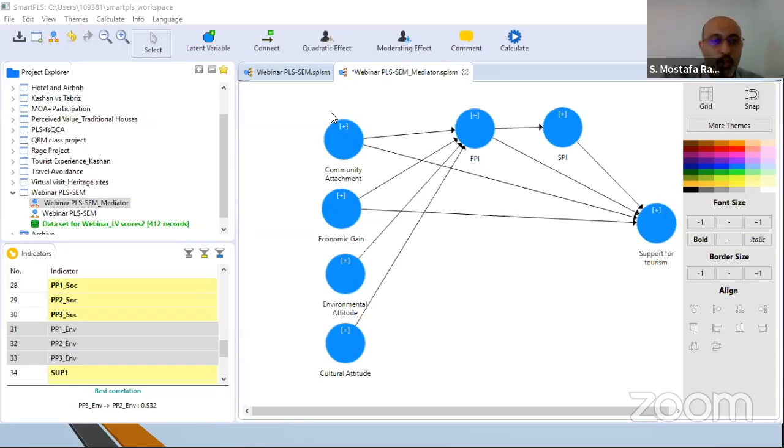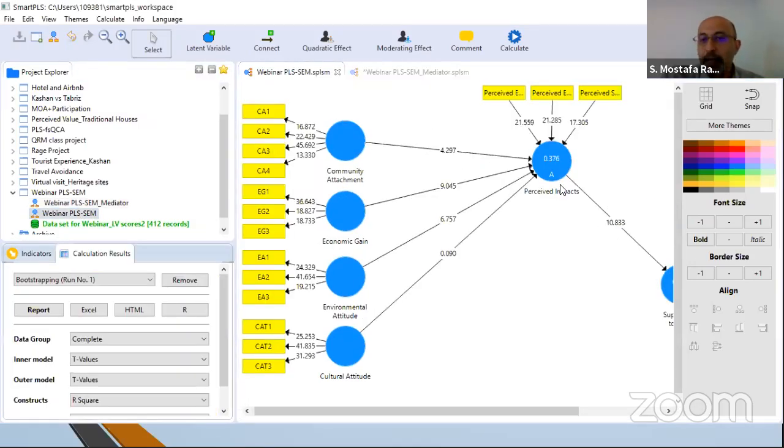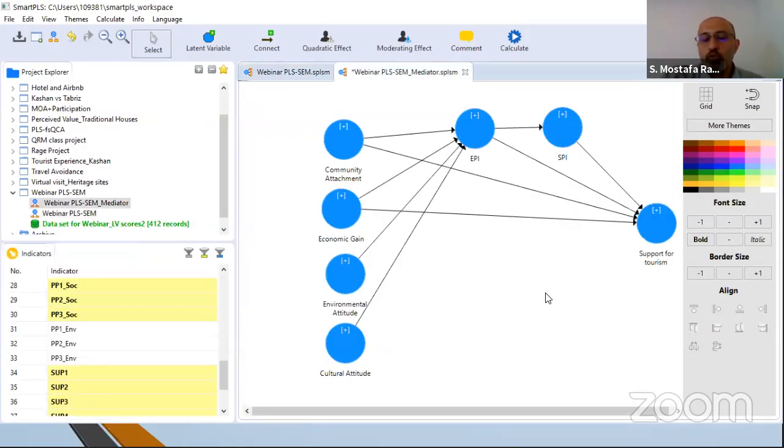In this example here, this mediator is second order reflective formative, right? You calculated this one last week. So before assessment of mediator, you have to establish the second order measurement level, and then you run the assessment of mediator. It doesn't matter whether your construct is higher order, second order or first order, because you already dealt with the measurement.